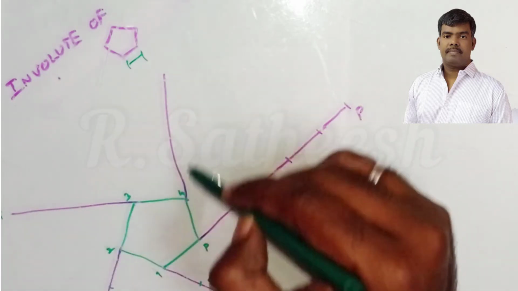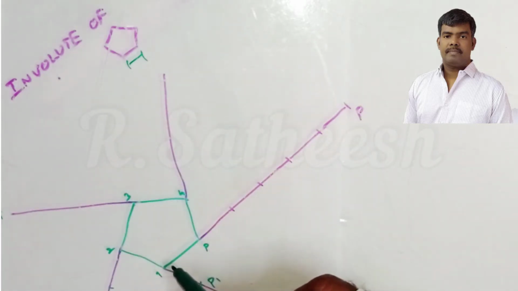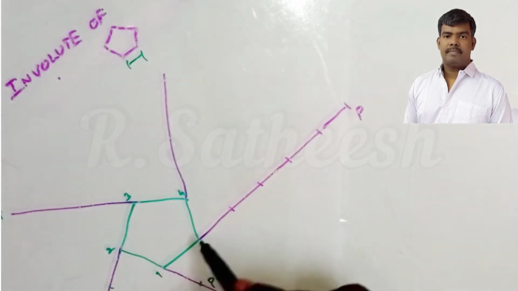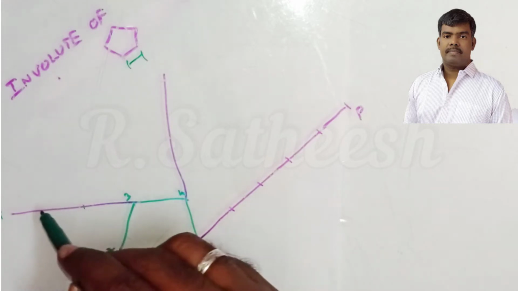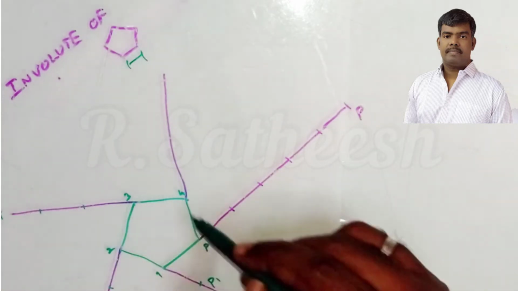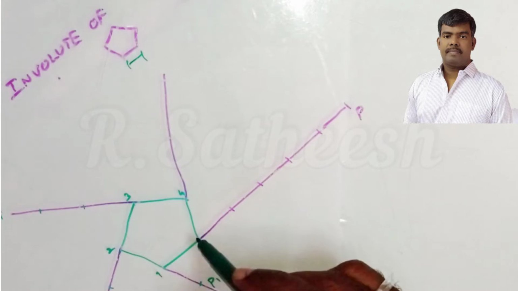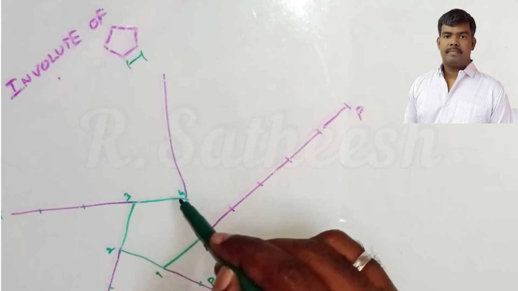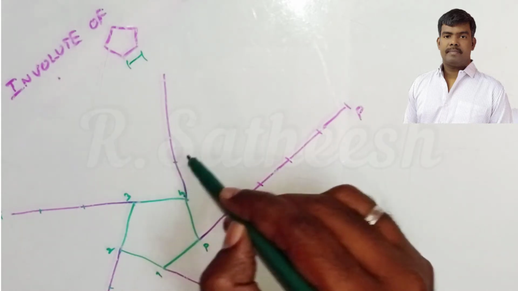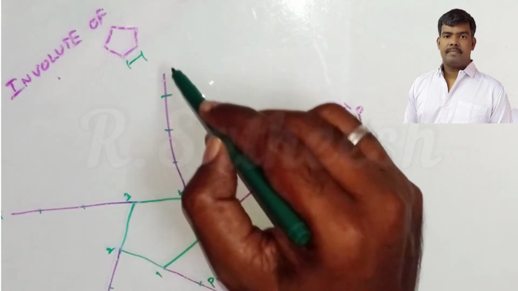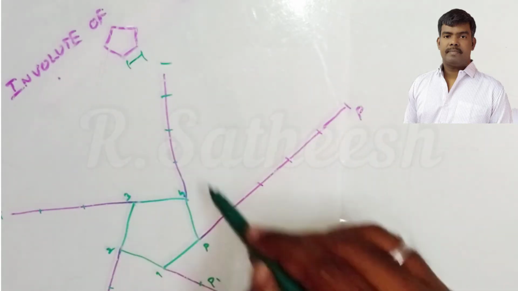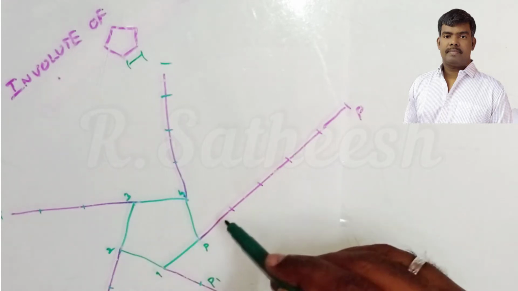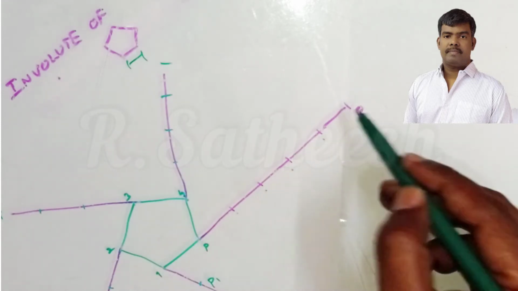P3 like this, here to here 30, 60, 90. So P to 4 is 30 plus 30 plus 30 plus 30, 120, four times 30. Similarly, P to P1 is a complete revolution, 5 sides, so 1, 2, 3, 4, 5.